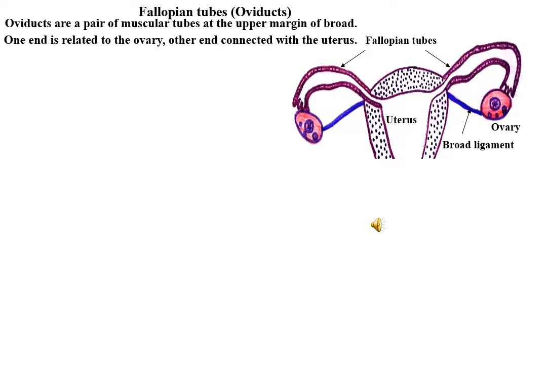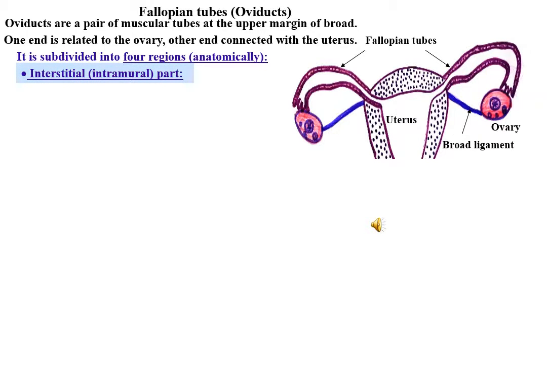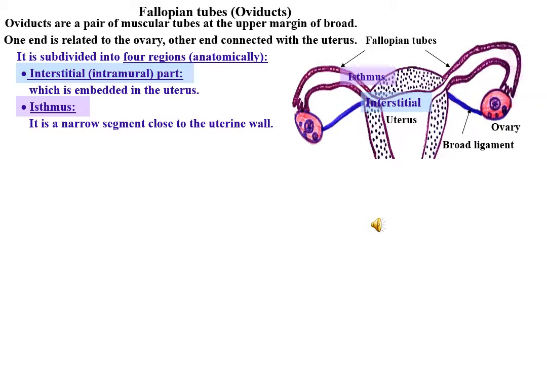Each fallopian tube is divided anatomically into 4 regions: the intramural or interstitial part, which is embedded in the wall of the uterus. Then the isthmus, which is the narrow part near the uterus.